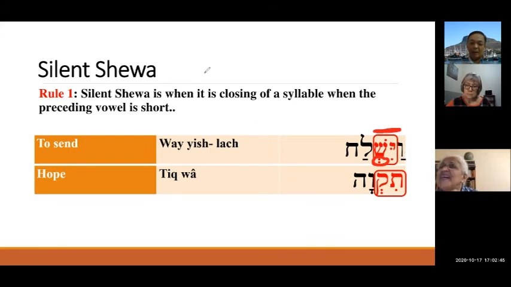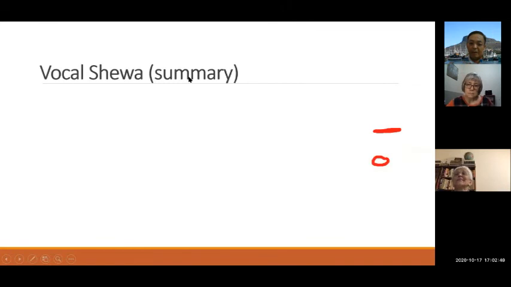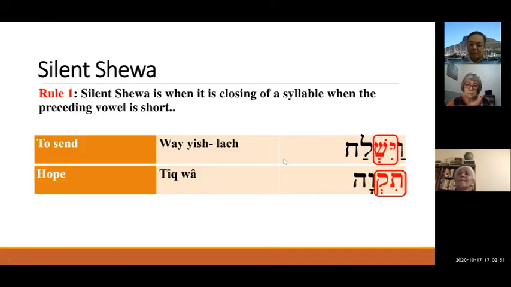Sorry, I get a bit disoriented. This one is a short vowel, right? See, this is a short vowel here. So this automatically becomes a silent schwa, so that you can form a syllable together with the yod and the hirik here.